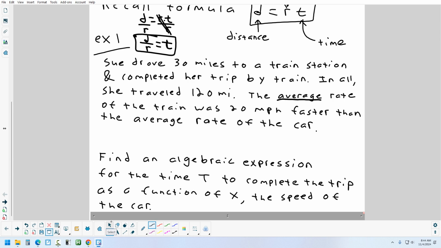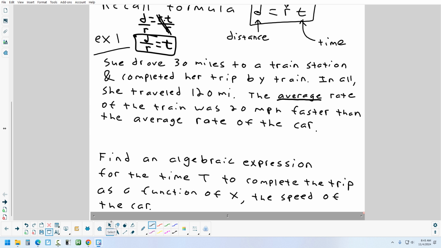So when I'm done, I'm going to have a formula that if you tell me the speed of the car was 40 miles an hour, I could plug the number 40 into this formula, and it'll give me a number that says 3.4 hours or something. Plugging in a number will tell me how long it takes to do the trip.